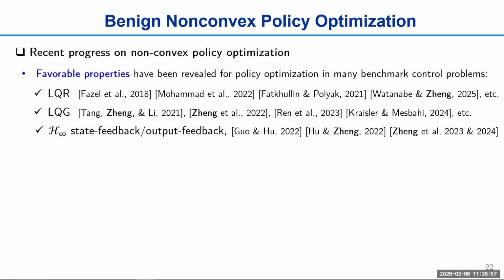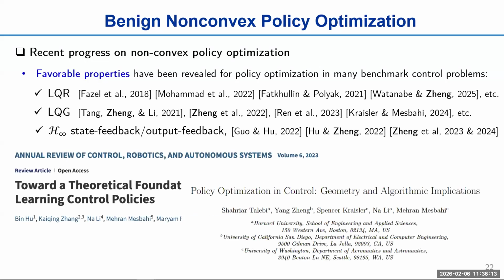We talked about three cases in benchmark control: LQR, robust control, and LQG. There are quite a few recent papers that identify favorable properties for non-convex policy optimization of control. Here are some references, and there are also two survey papers which summarize the geometry and the theoretical analysis for policy optimization of control. If you're interested, you can take a look at the references here.